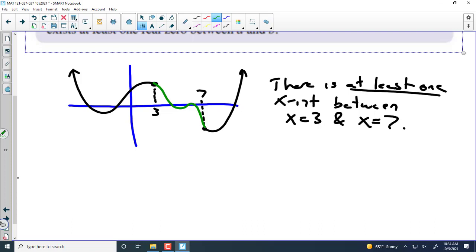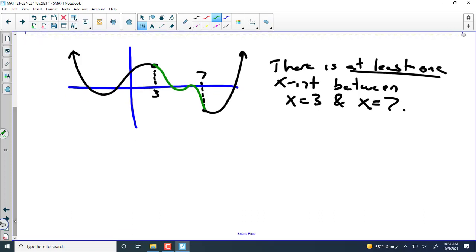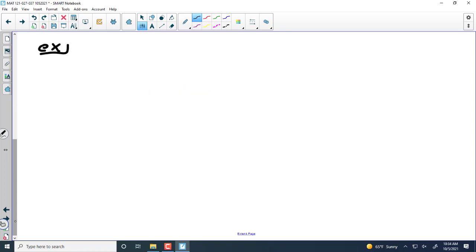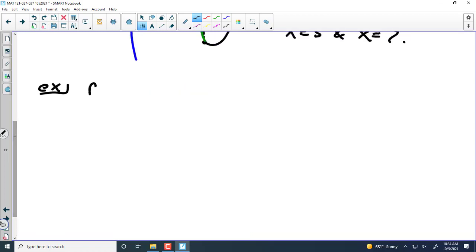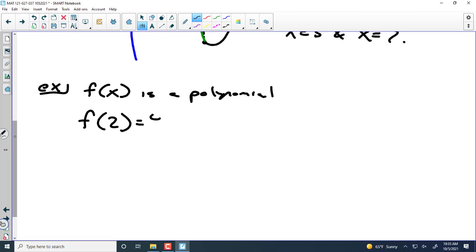Now, normally we don't do this with a picture. Normally what happens is you'll have some sort of function, and you'll plug a couple values into it. You'll know that f of x is a polynomial, and you'll know something like f of 2 equals 4, and f of 5 equals -3.